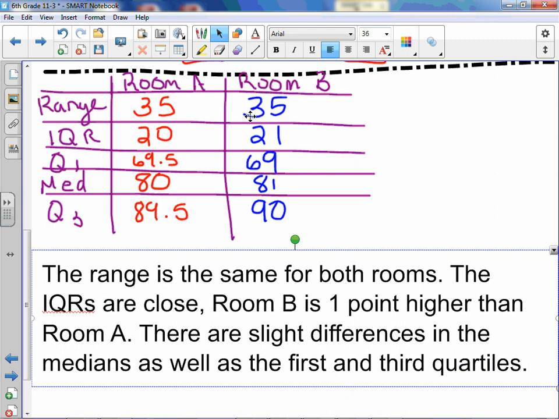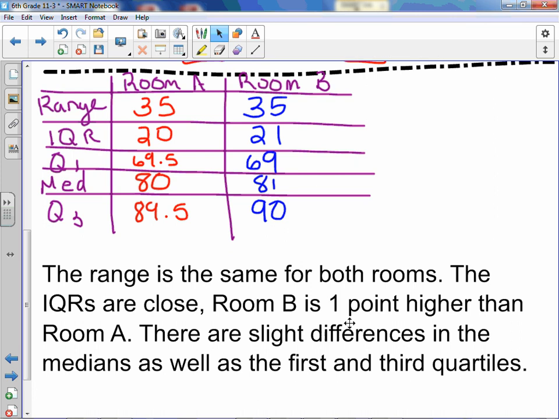If you look, ranges are the same. The IQRs are only 1 apart. The quartile 1s are only half a point apart. Medians are 1 point, and quartile 3 is also half a point apart. So they're pretty close. So we can just generalize that with saying there are slight differences.